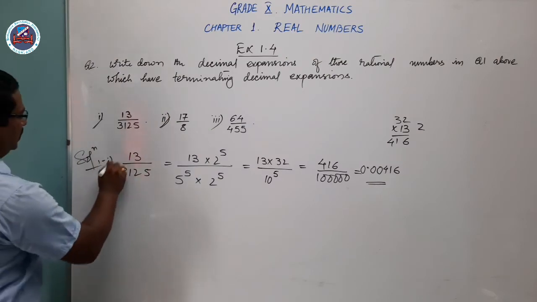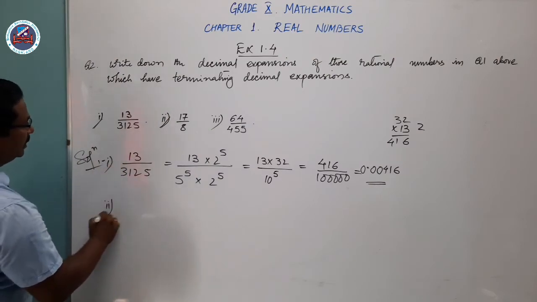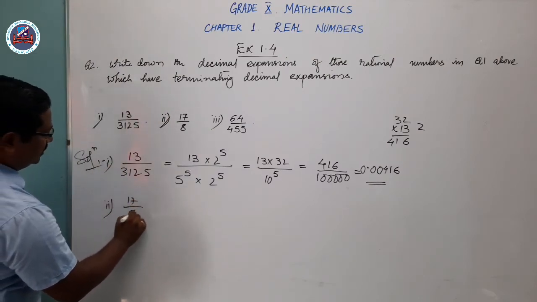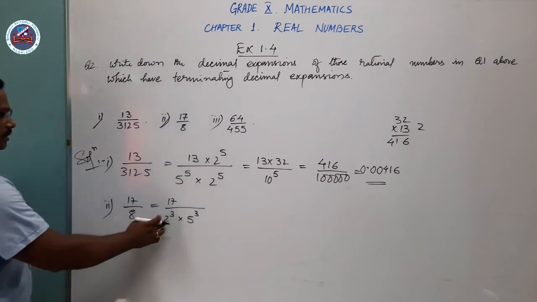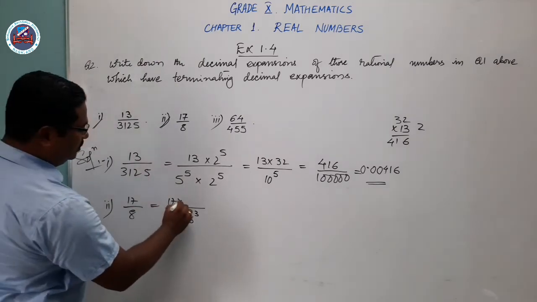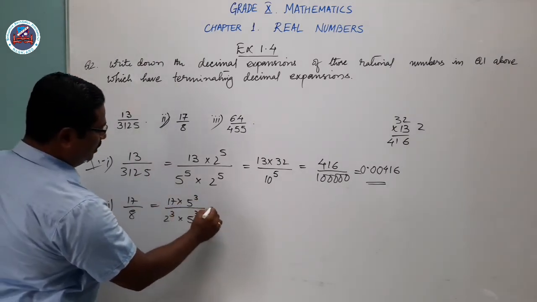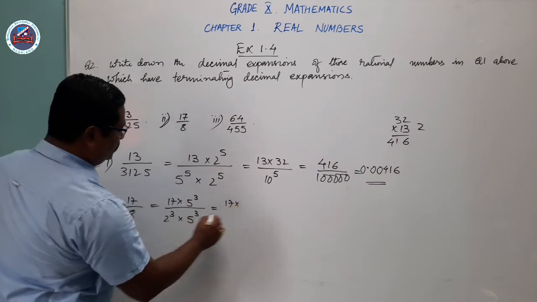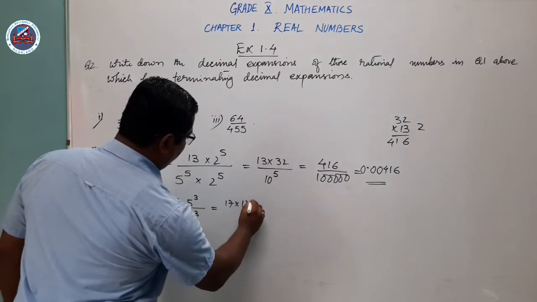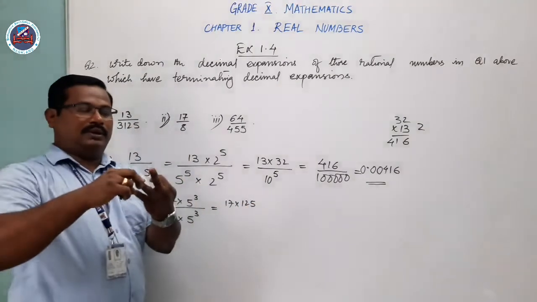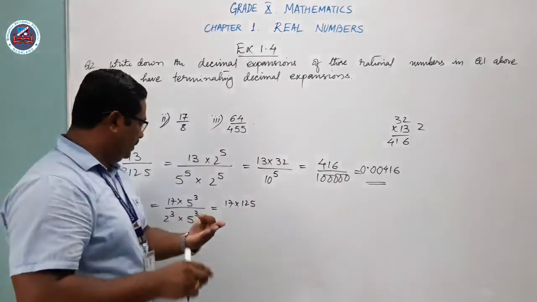And the second one, 17 by 8. 8 is 2 to the power 3, so you multiply by 5 to the power 3 to make it 10, and in the numerator also multiply by 5 to the power 3. 17 into 5 to the power 3, 125: 5 5s are 25, and 25 into 5 is 125.